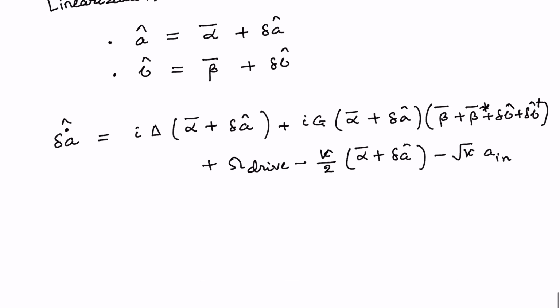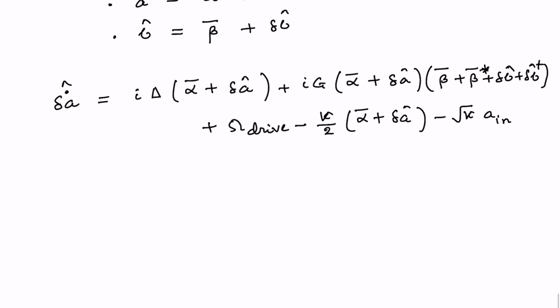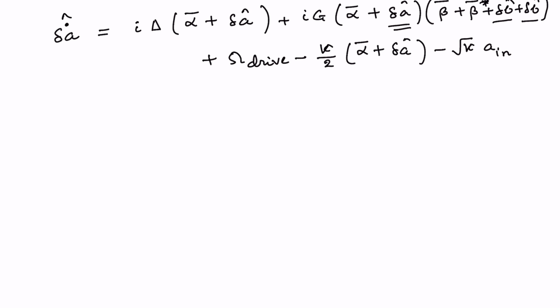Now separating out the classical and the quantum part on both sides, and also ignoring the nonlinear bilinear terms, like the product terms delta A delta B, delta A delta B dagger, all these terms can be neglected because these are nonlinear terms. Then you separate out the classical part and the quantum part. Let me do it for the classical part first. If I compare both sides, on the left hand side there is no classical part, so that is going to be equal to 0.